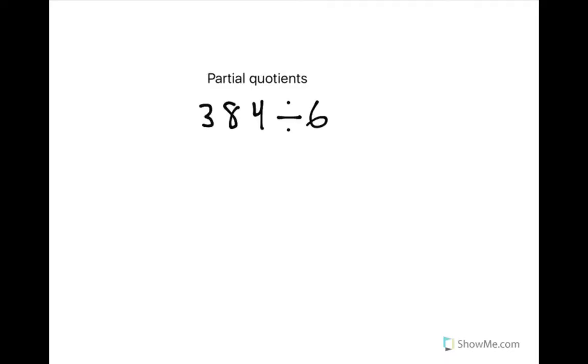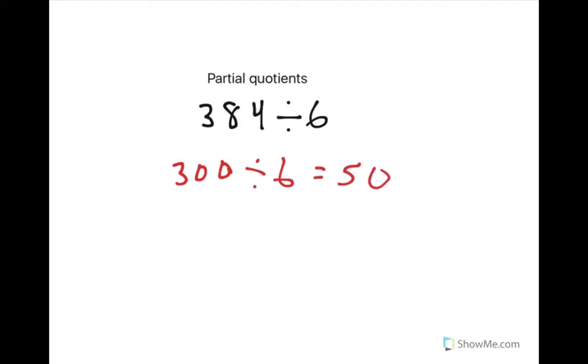Okay, when I look at partial quotients, I'm going to look for numbers that I know are divisible by 6 and that I can add together to get to 384. So the first thing I'm going to do is start with 300 divided by 6, and I know that this is 50.